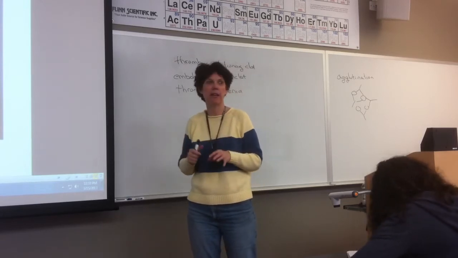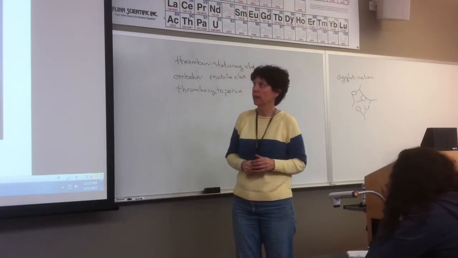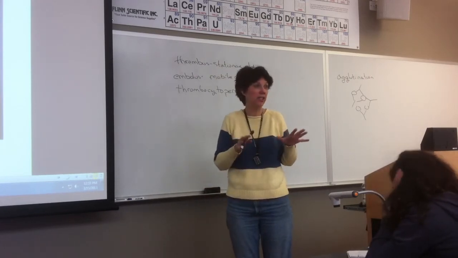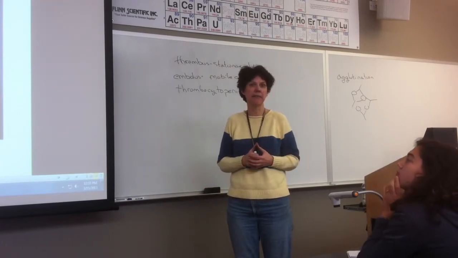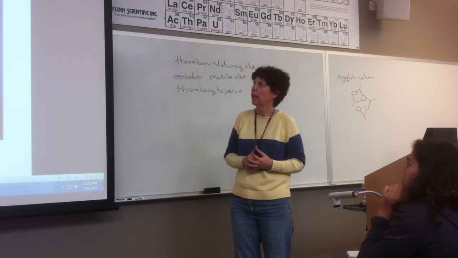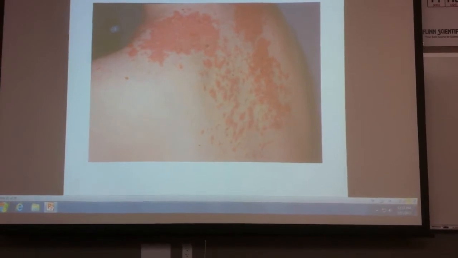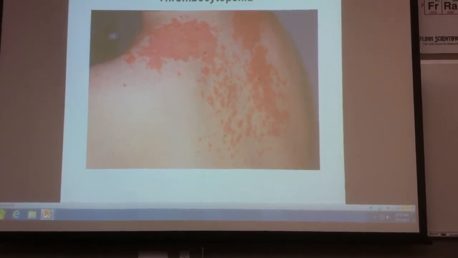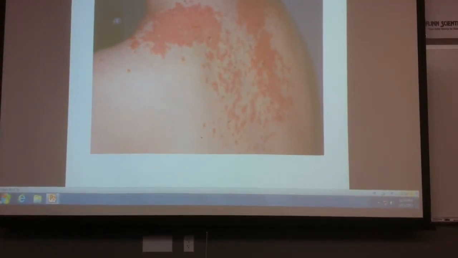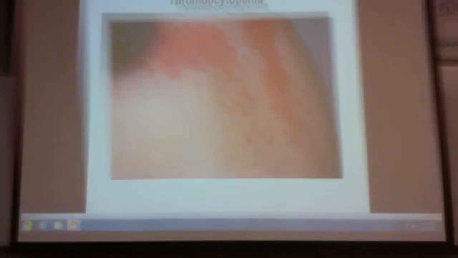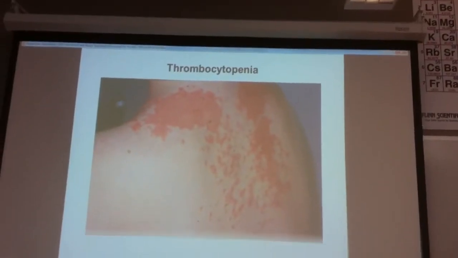And so there ends up being lots of little collections of blood under the skin, purpura. One of our faculty members has thrombocytopenia, so you have to be careful with bruising. Doesn't mean the blood won't clot, but you have a component of enhancement of that clot that is missing.